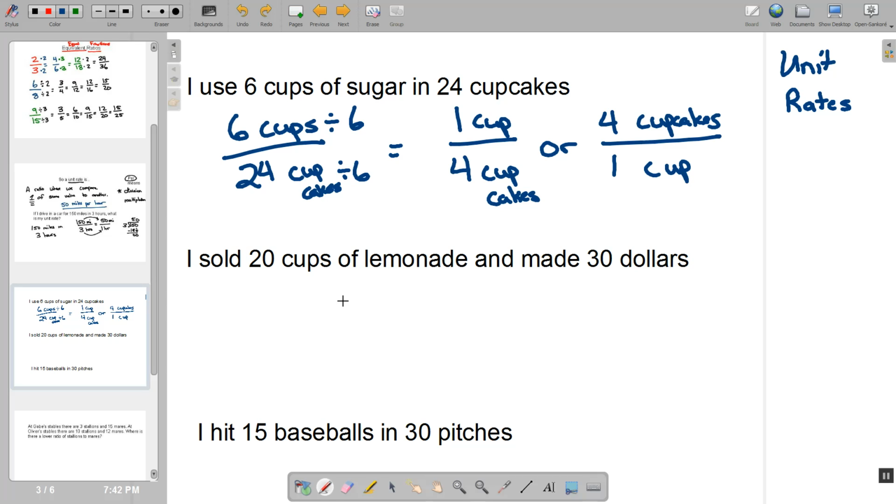Both of those would be correct. And there's actually another way that I could write this. If I divided both of these numbers by 4 again, I would get 1 cupcake is the same as 1/4 of a cup.